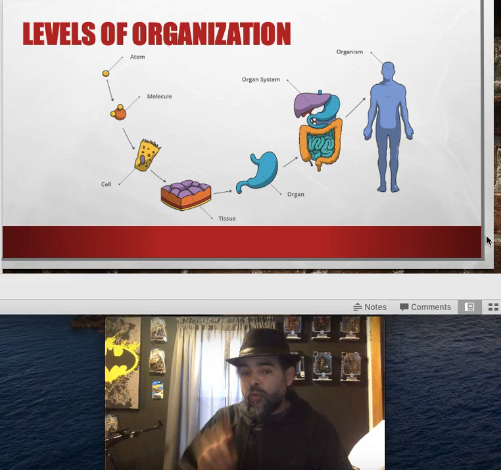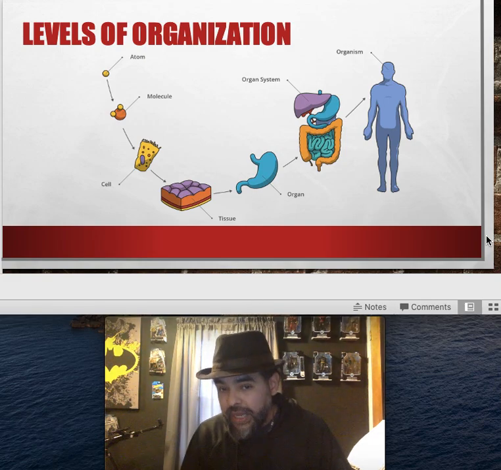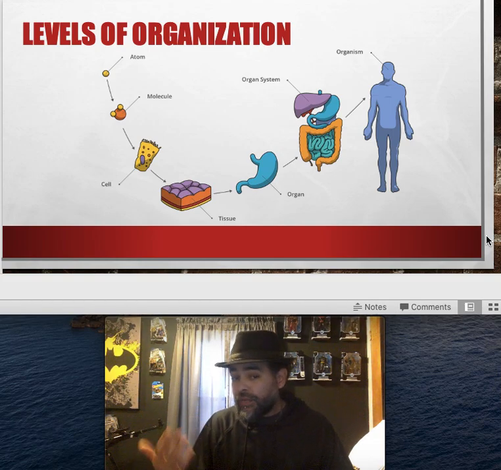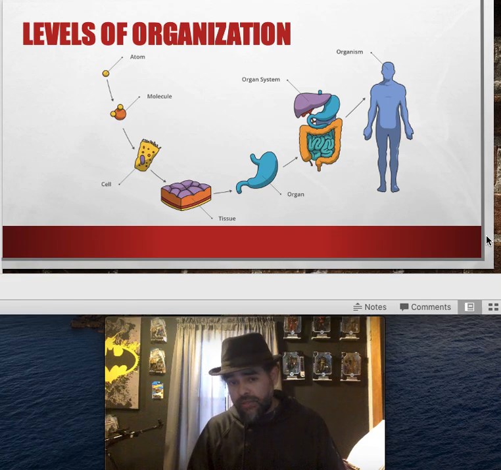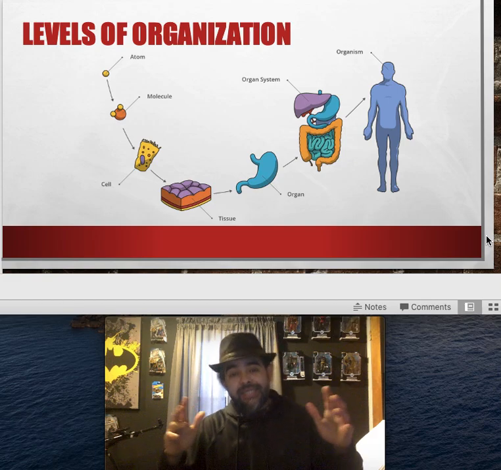If I look at one of those specific organs, let's say I take a stomach, for example, and I analyze what it is made of, we're going to find what we call tissues, which are groups of cells that are working together. And we have 4 different types of tissues that we will discuss later in the class. Each one of those tissues is made of what we call the fundamental unit of life, the smallest thing that can be considered alive. And those are the cells.